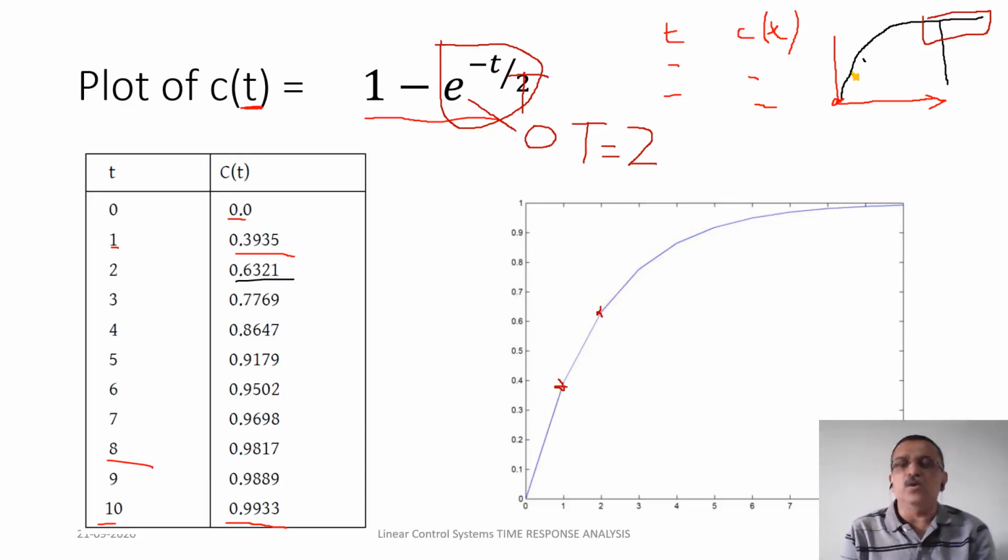When you are sick, you go to a doctor. He measures your temperature. He doesn't put the thermometer in your mouth for 1 second and take it out. He puts it for 50 seconds or 1 minute. Why? Because it will take some time for the mercury to expand and reach the steady state. So that is the importance of time constant.